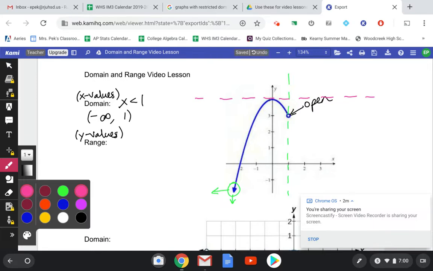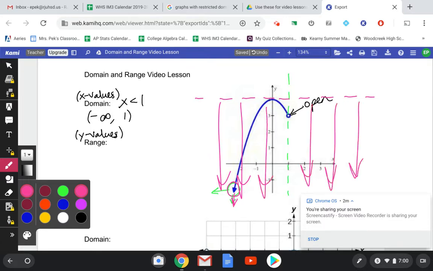And then because this arrow keeps going down forever, this function has a range that starts at 4 on the y-axis and just keeps going down forever and ever. So we can write it as y is less than or equal to 4, or we can write it as negative infinity all the way up to 4 with a square bracket.